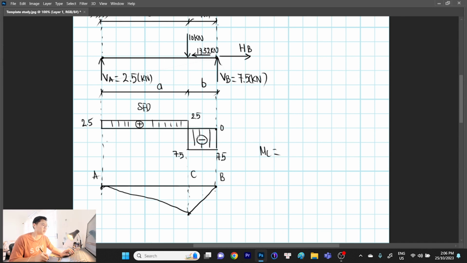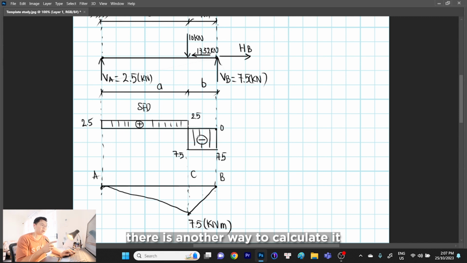So the MC equals VA multiplied by A, which means the distance here, or you can use VB multiplied by B. So 2.5 times 3, right, and this one is 7.5 times 1, will end up the same thing, 7.5 kilonewton meter. So I will know that's 7.5 kilonewton meter here.